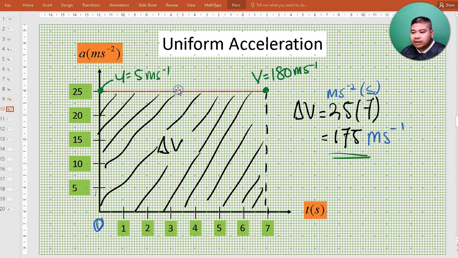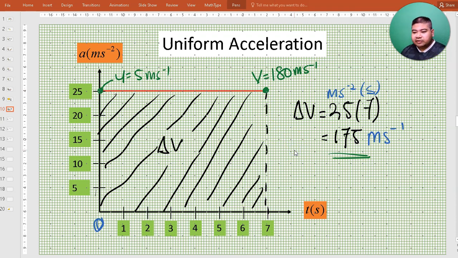If an object has zero acceleration, the line will be on the zero of the A axis. That tells us that the velocity of the object is constant. The acceleration is the change in the velocity, so you only have acceleration when you have a change in the velocity.